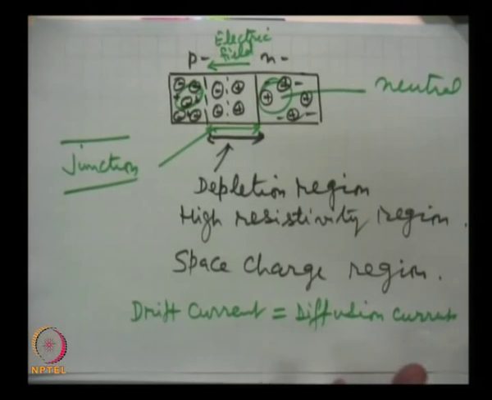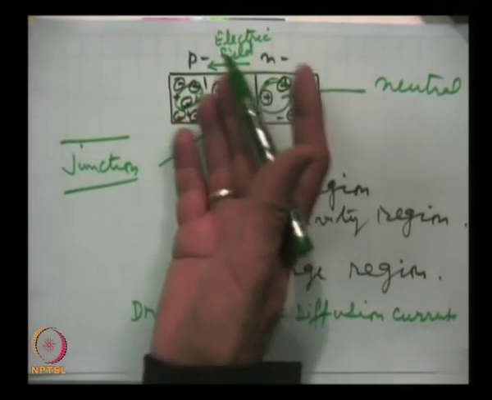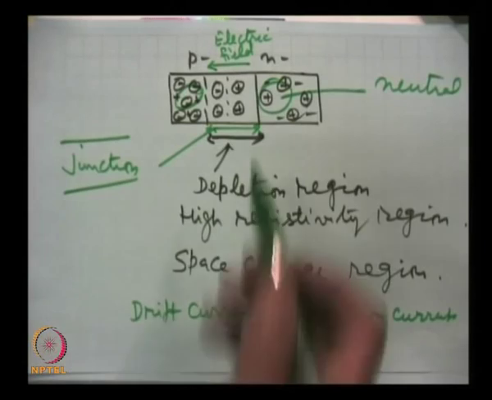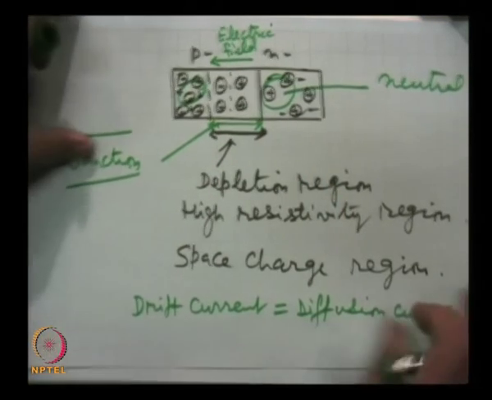Here an equilibrium is established, and the diffusion stops, drift stops. For more clarity, I draw another picture to summarize these currents.